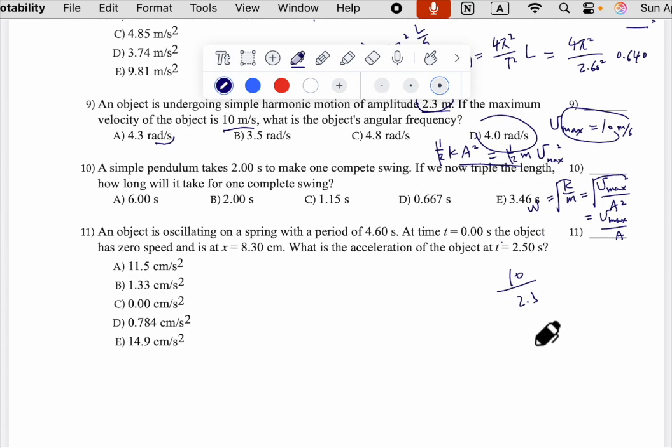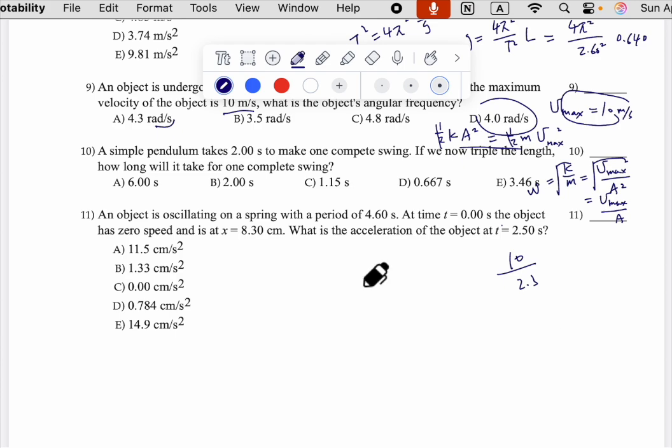Number 10. A simple pendulum takes 2 seconds to make one complete swing. So T equals 2.00 seconds.